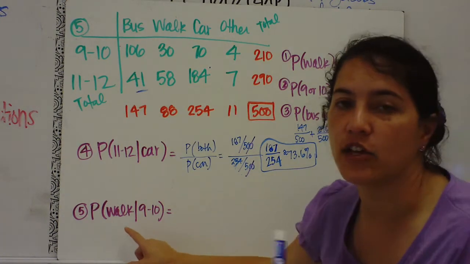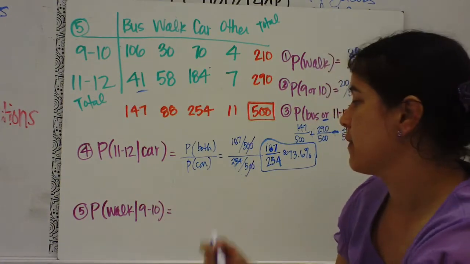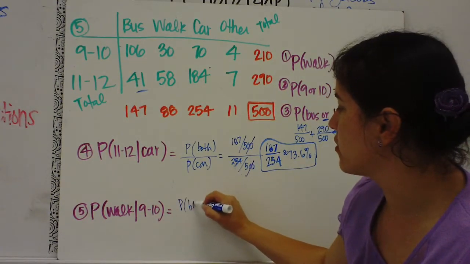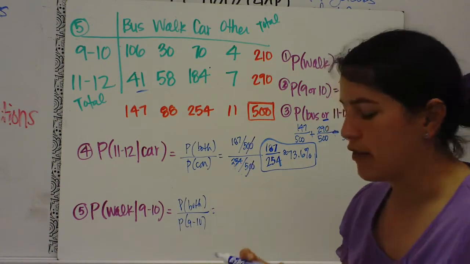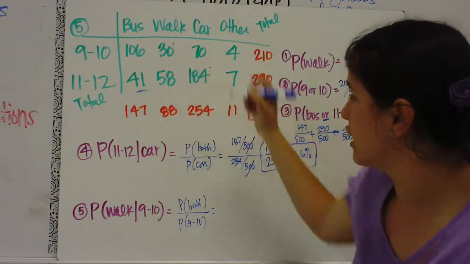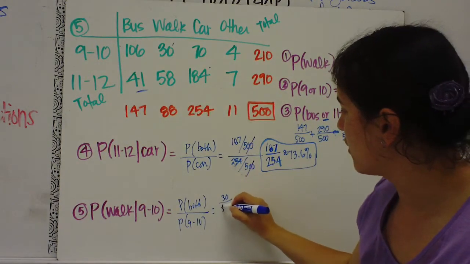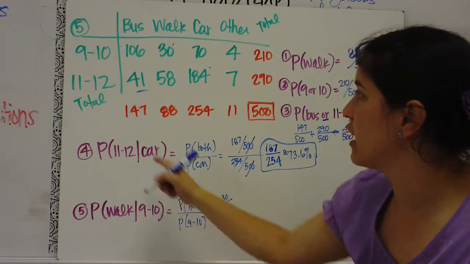The probability that you would get a walker given that they are a 9th or 10th grader. So the probability of both divided by the probability of 9th or 10th. The probability of both, so we need 9th and 10th grade walkers, is 30 out of 500, divided by just the probability of 9th and 10th graders.